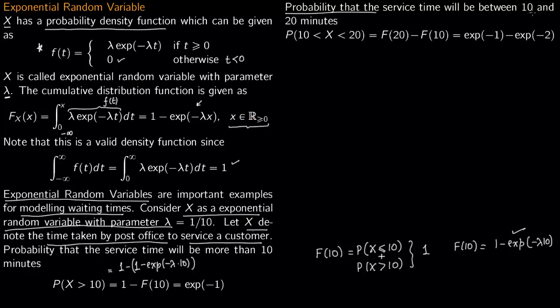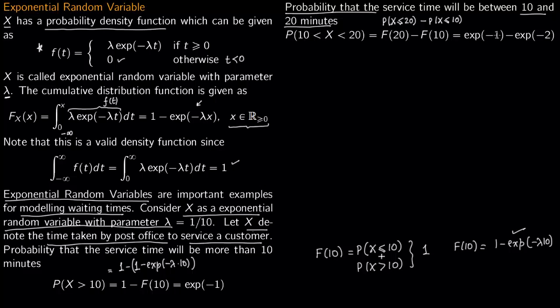Probability that the service time will be between 10 and 20 minutes, that is, random variable x lies between 10 and 20, will be given as f of 20 minus f of 10. So f of 20 is the probability that x is less than or equal to 20, minus the probability that x is less than or equal to 10.